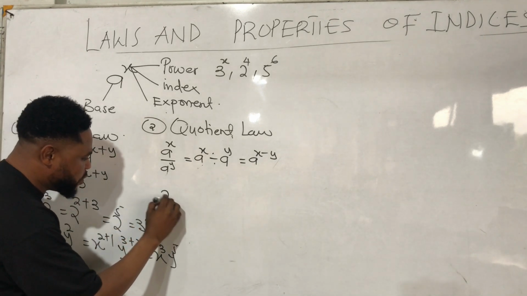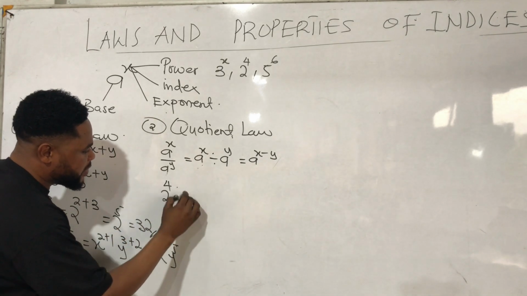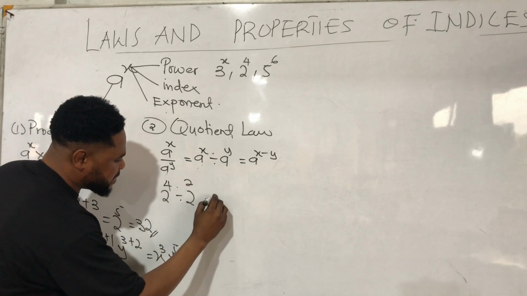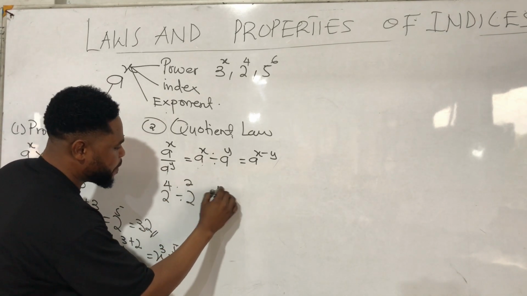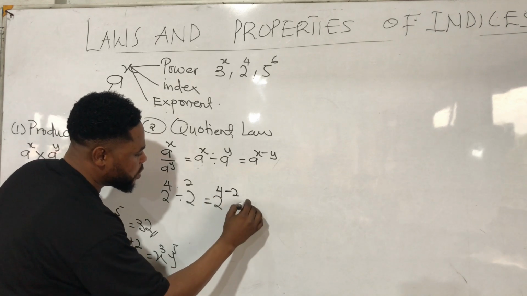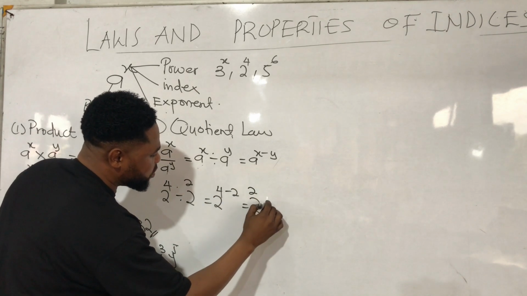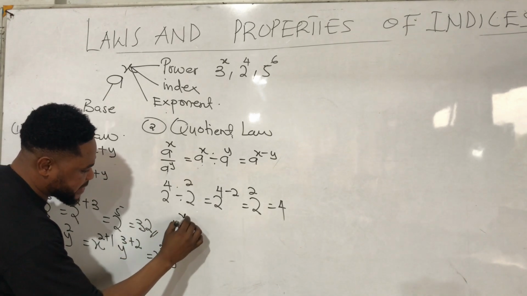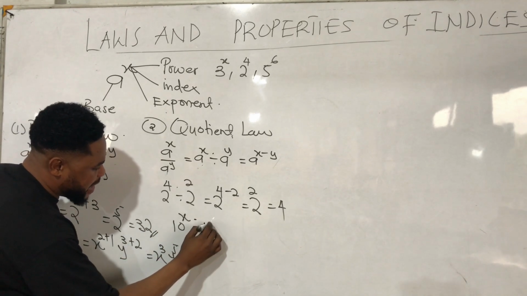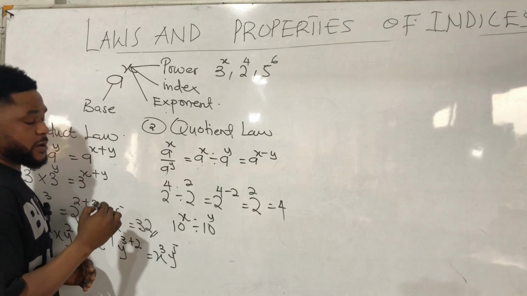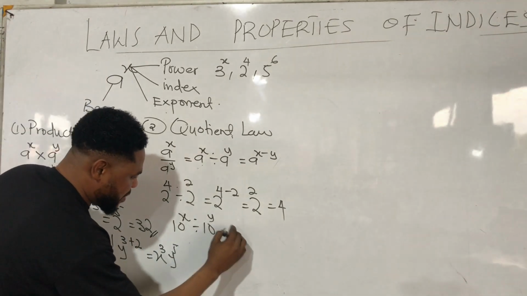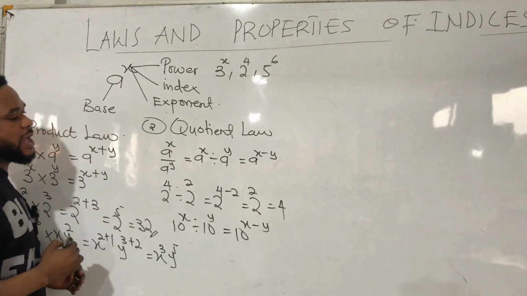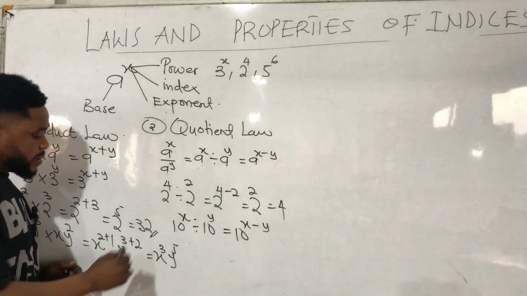Let us look at some examples here. Let's say I have 2 raised to the power 4 divided by 2 raised to the power 2. According to the law, it will be the same as 2 raised to the power 4 minus 2, which will give me 2 raised to the power 2, and that will give me 4. I have 10 raised to the power x divided by 10 raised to the power y. All right. I'm going to have 10 raised to the power x minus y, according to the law.